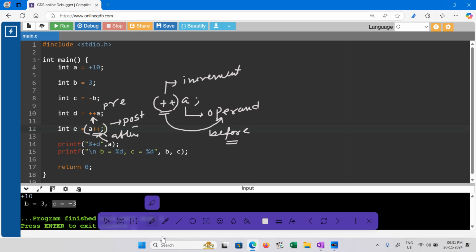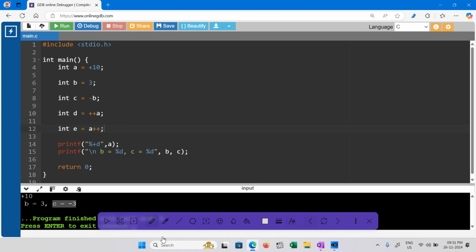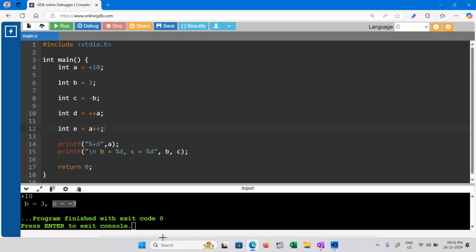Okay, now I hope this one is clear. Again, let us take this example: integer d equal to plus plus a. Here this is increment, there is no doubt. This is also increment, no doubt. But increment has two versions, pre and post.